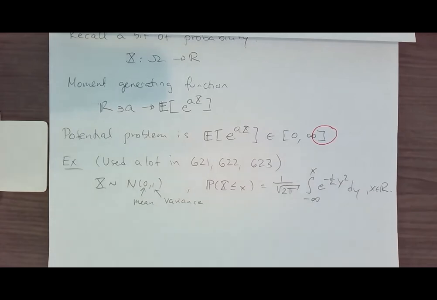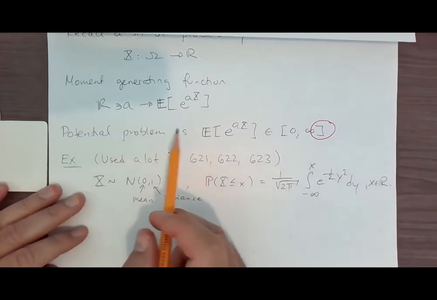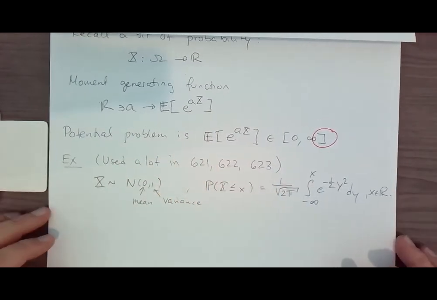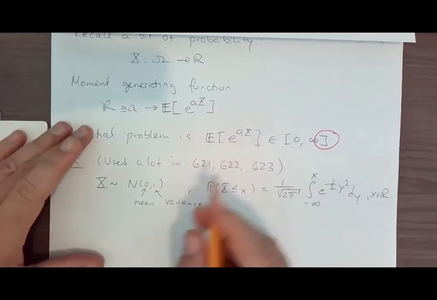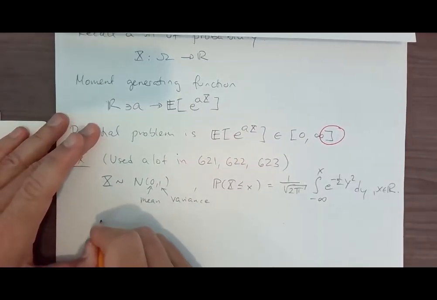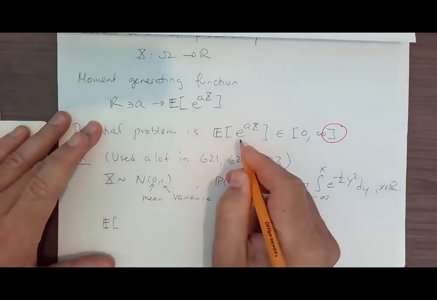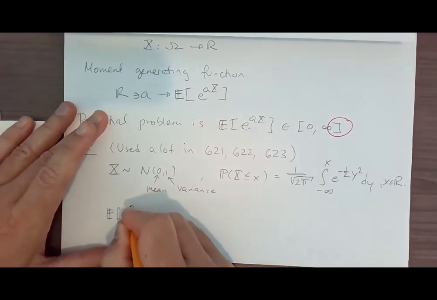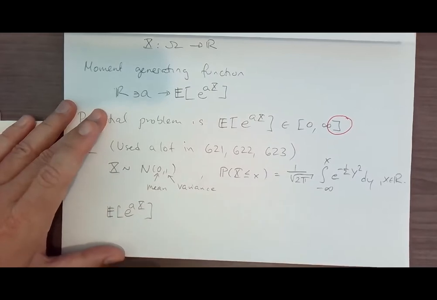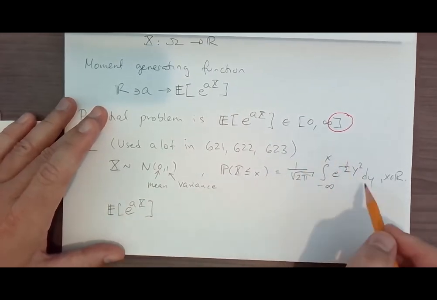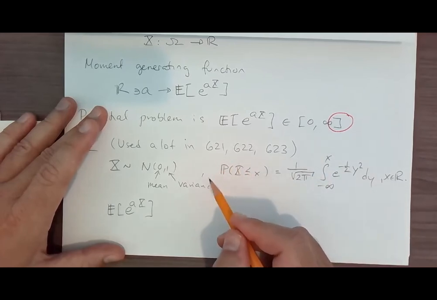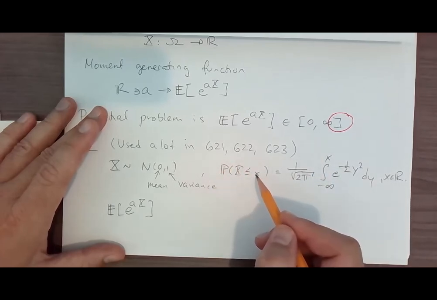So what is the potential problem here? Well, if I wanted to compute the moment generating function, I will use the density function. To get the density, I need to compute the derivative of the distribution with respect to little x.